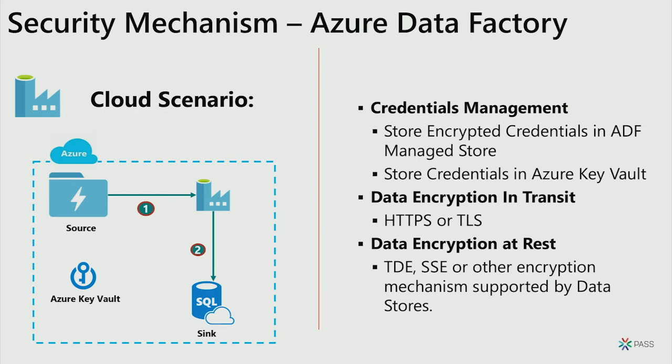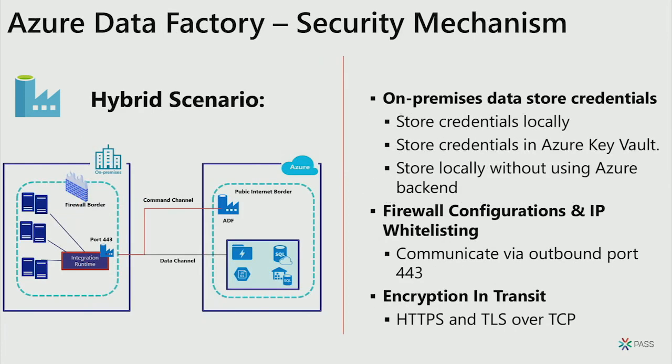In the next scenario, the second scenario, we are using Azure Data Factory, but in this case, what we are doing is we are copying data from your on-premise sources to the cloud, or it could be either way. You can move data from your cloud data sources to on-premise. So the way this works is there's an installable component called integration runtime. It was earlier called data management gateway.